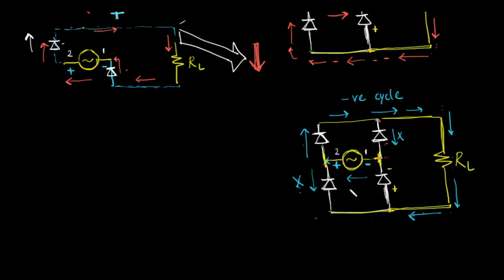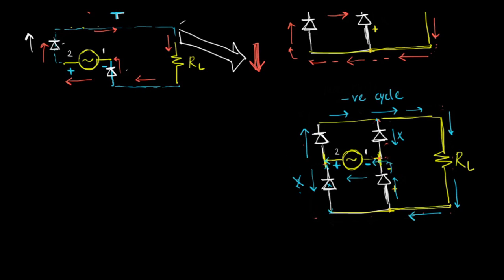For the same logic that we saw previously, the voltage of this terminal is lower than the voltage of this terminal, so this diode will not turn on. The current will pass through here and return to terminal 1.